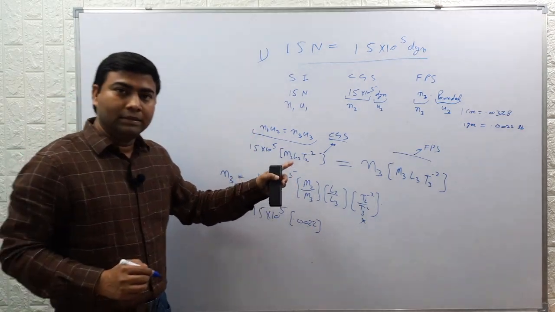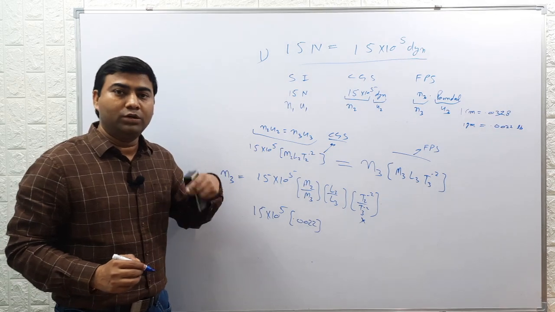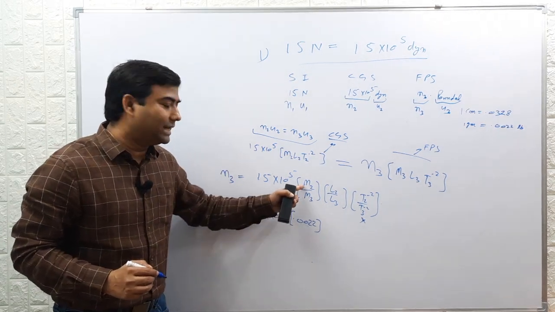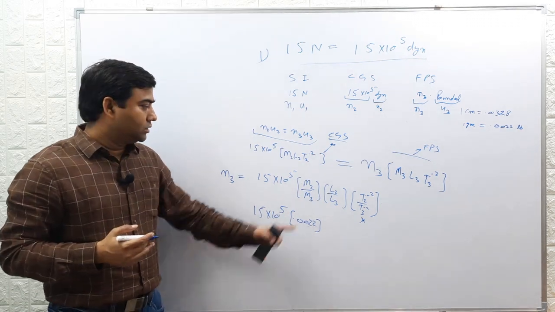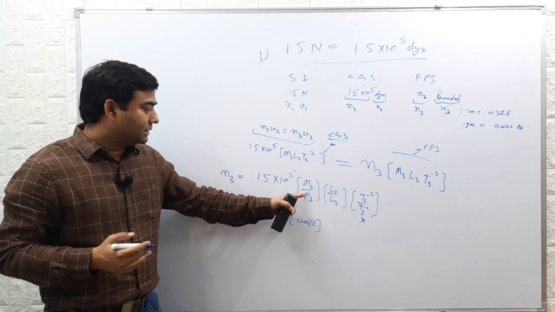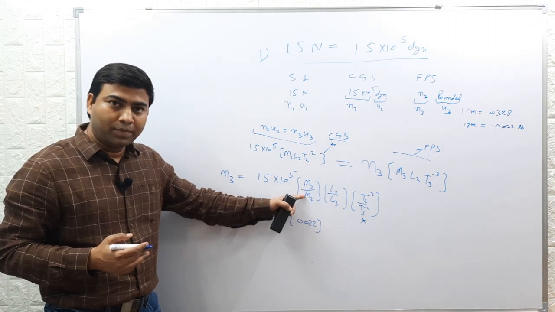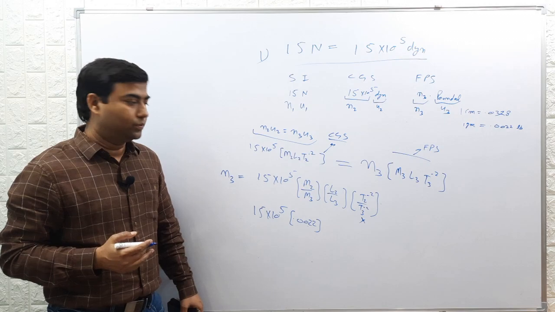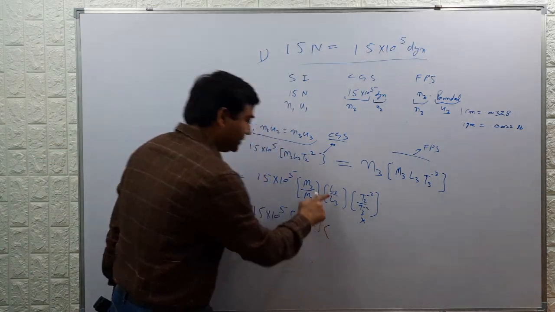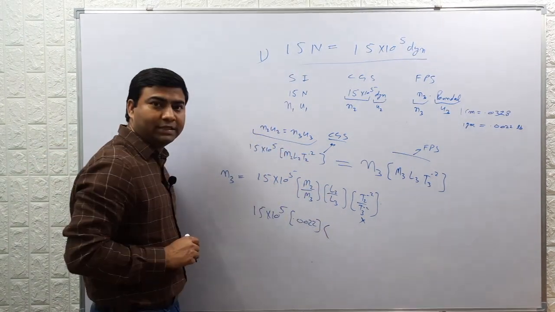1 gram is equal to 0.0022 pound. So the ratio gram by pound is 0.0022. Similarly, this is the ratio of centimeter and foot.